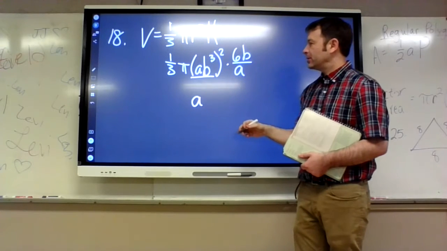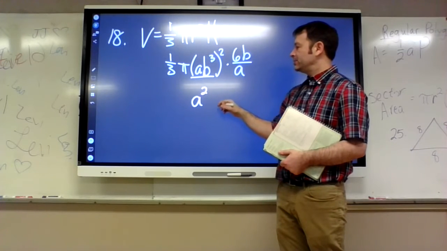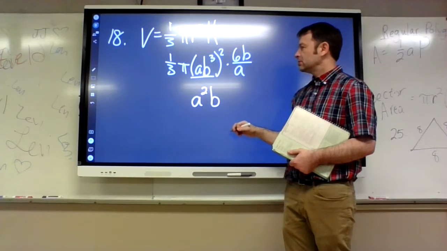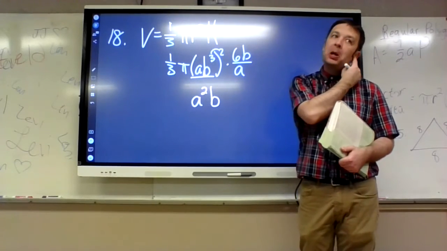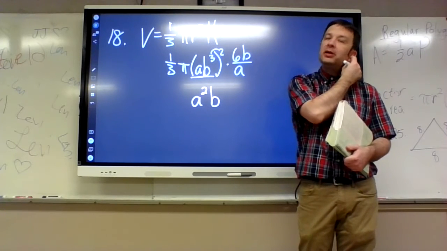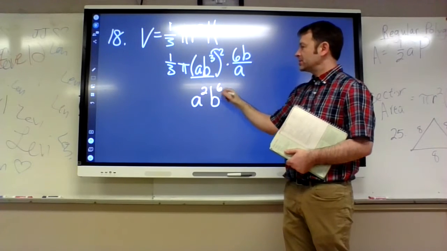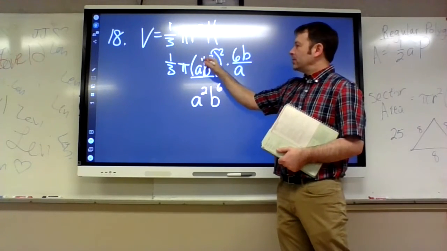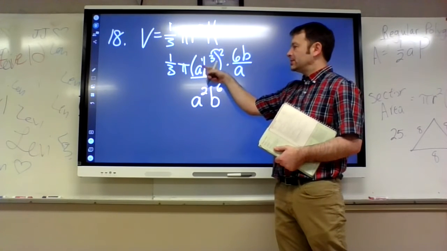So it's a squared, and then b to the what? What do we do with the exponents there? Multiply. Power to a power is multiplied, so it's b to the 6. You can think of a as a to the 1, so it's 1 times 2, but basically it's just a squared.